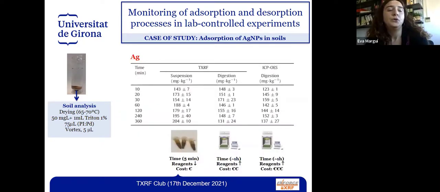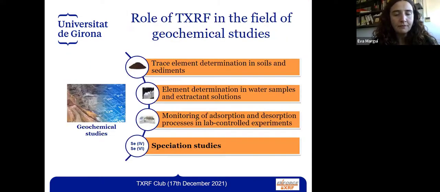And here you have the information about the amount of silver that was monitored in the soil fraction. As you can see, we obtain much better results when we use digestion and TXRF analysis if we compare with ICP-OES measurements.